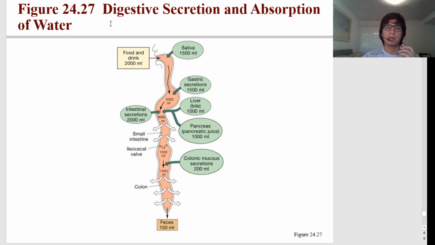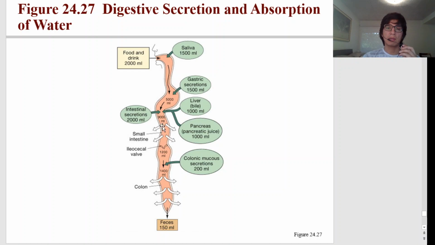Here's a view of what happens through the secretion and absorption of water. Food and drink provides 2,000 milliliters. Saliva involves, we release into the lumen 1,500 milliliters. We have also gastric secretion, liver secretion, intestinal secretions, pancreatic juices, and colonic mucus. All of these add to the amount of water being released daily into the digestive tract.